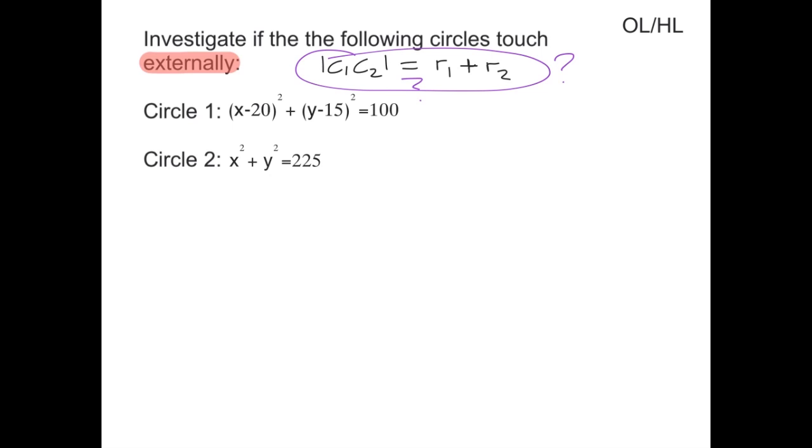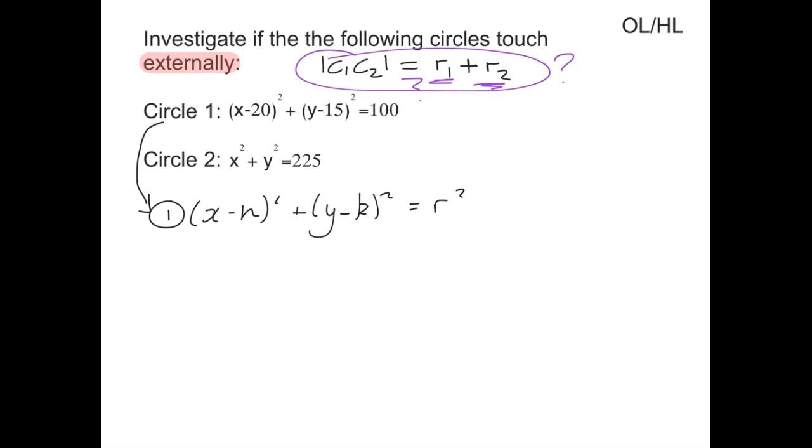The first thing we have to do is work out what our two centres are, C1 and C2, and what our two radii are, R1 and R2. The first circle has the form we might remember as x minus h all squared plus y minus k all squared is equal to r squared.